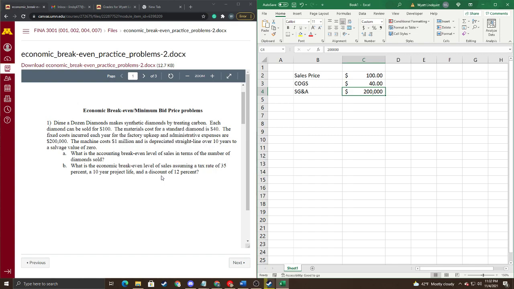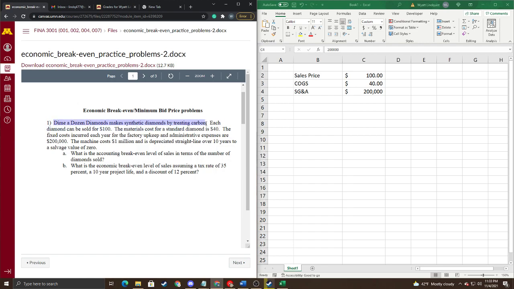Now, if you remember from the previous unit, or the previous problem, we didn't include the SG&A costs that were fixed costs. And you might be like, hey, why is that? Well, in this one, there's two reasons. First, we are going to be figuring out our accounting break-even level. As well as in this one, we are talking about almost the entire company. We're not just talking about an additional product line.